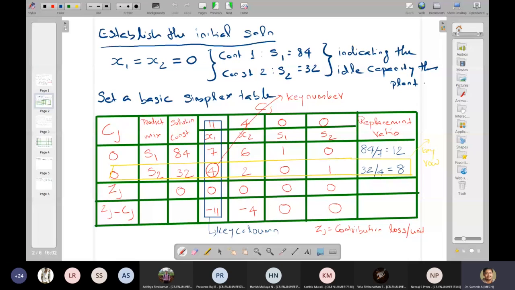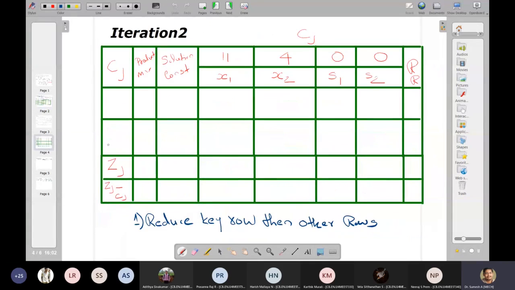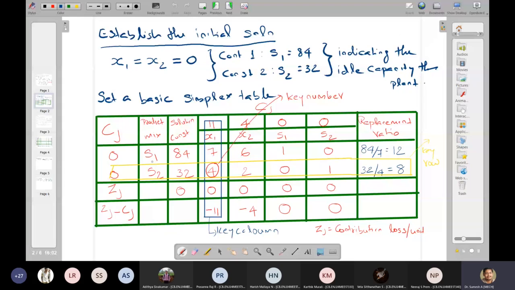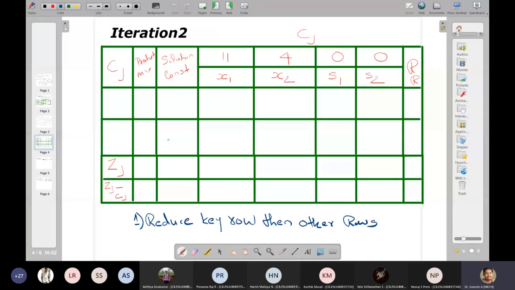So if we see how to do the key row, the same matrix, the same data is entered over here. As per my previous iteration, S1 remains as it is here, but S2 will be replaced by X1 in the next iteration. So under product mix, this will be S1 and this will be X1.